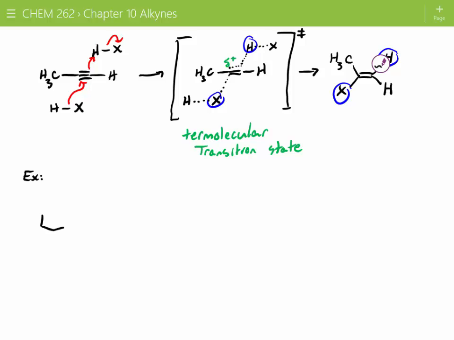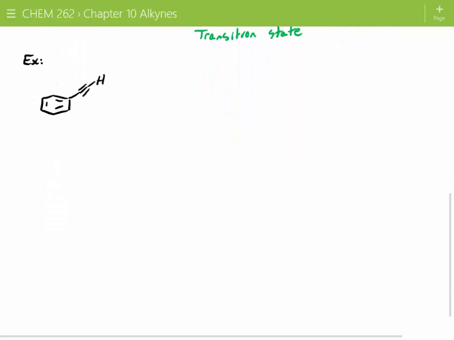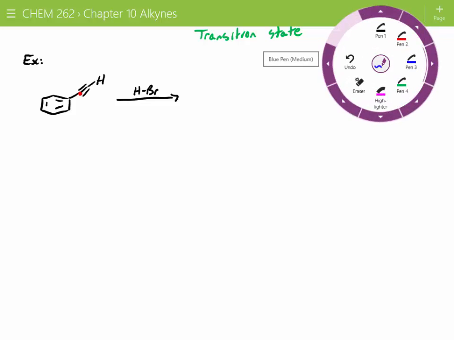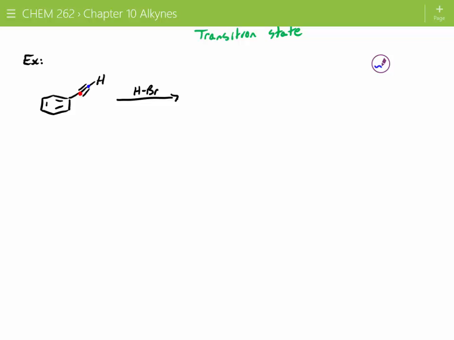Let's say we have phenylacetylene. It's an acetylene with a phenyl group on one side and a terminal hydrogen on the other. Let's add hydrobromic acid. Where will the bromine add? Will it add to our red carbon, or will it add to the blue carbon closest to the hydrogen?